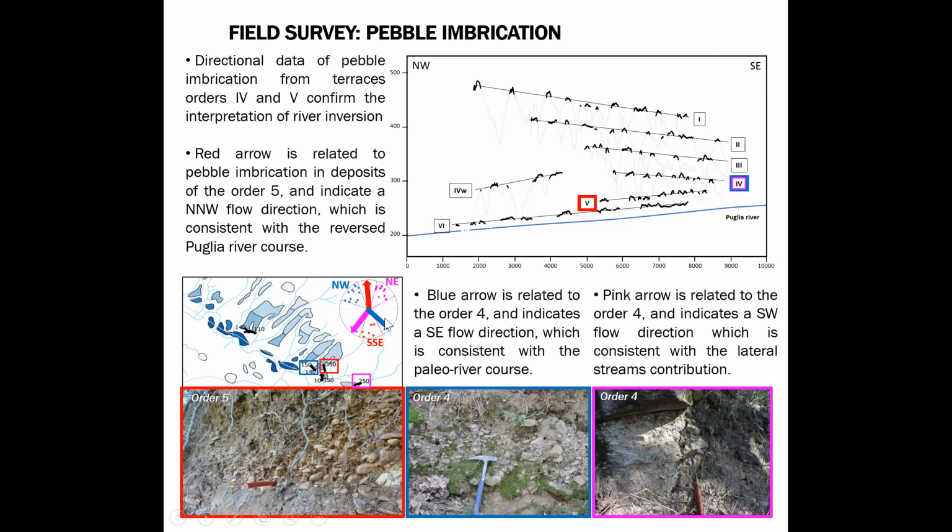The blue arrow is related to order 4 and indicates a southeast flow direction, which is consistent with the paleo river course, with flow toward the southeast. And finally, the pink arrow is related to order 4 and indicates a southwest flow direction, which is consistent with the lateral stream contribution to the terrace building.